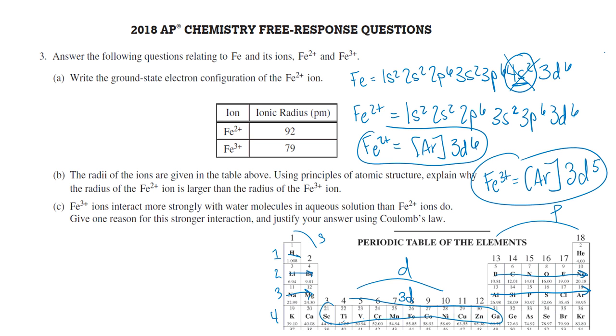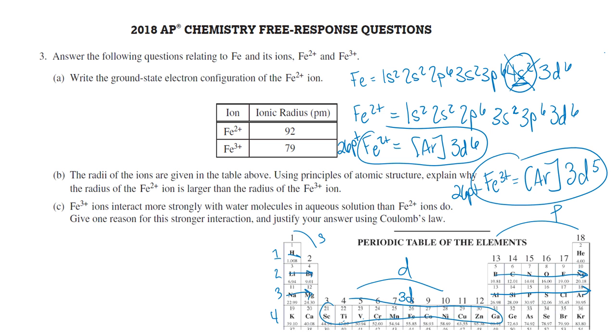So if you look at these two ions, they both have the same nuclear charge, right? So they both have 26 protons in their nucleus. And they both have the same number of shells. They both have 3 shells there. So let's focus on what's different.